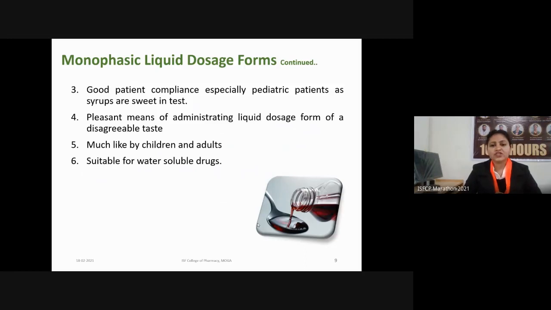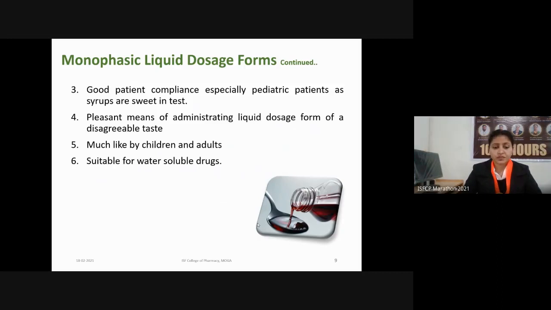Children can easily take medicament if it is dispersed in this syrup solution. It is a pleasant means of administering a liquid dosage form of a disagreeable taste. If any medicament has a bitter taste, we can easily administer it in these syrups. Because of their sweet nature, they will mask the bitter or disagreeable taste of that particular medicament. So this is another advantage of the liquid dosage form.